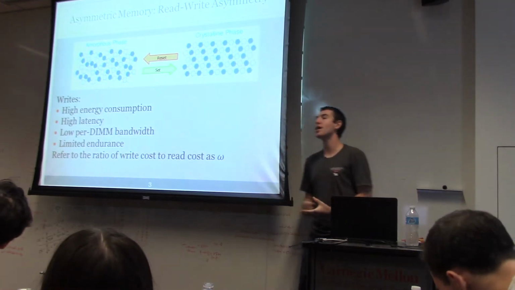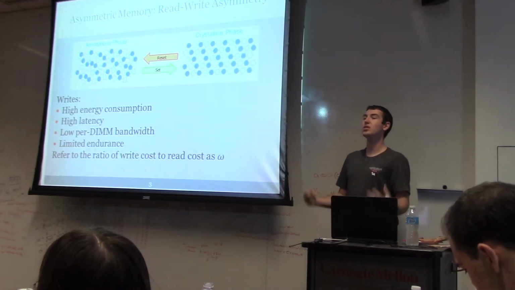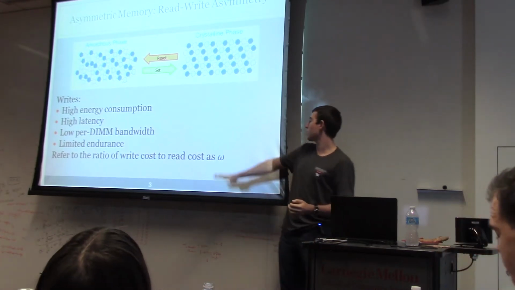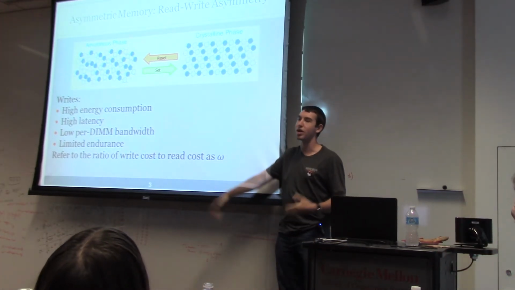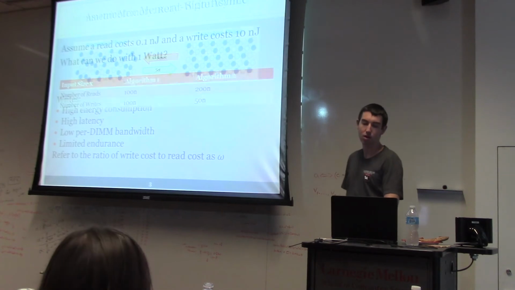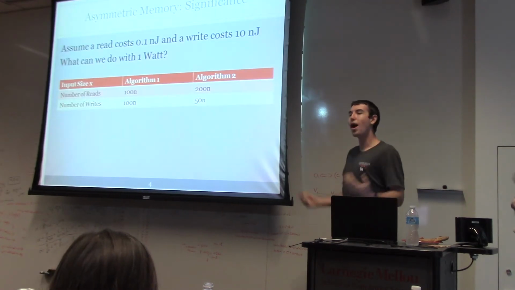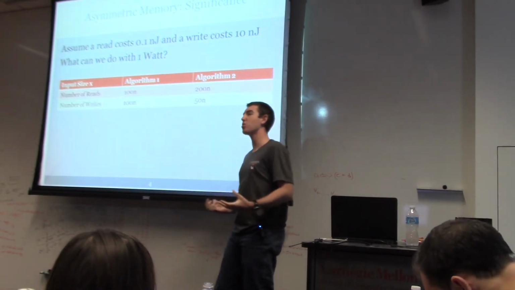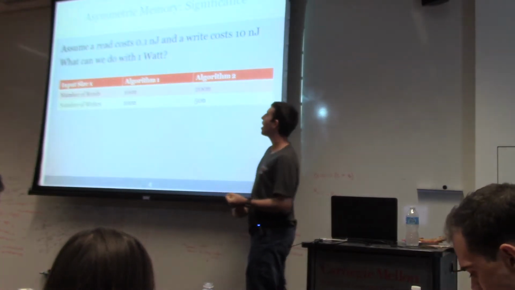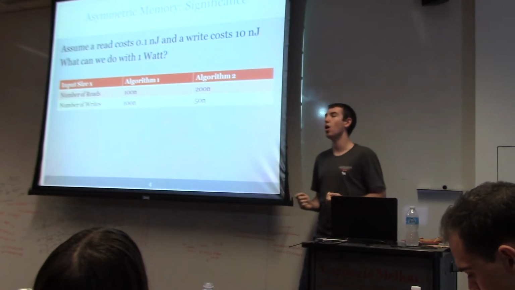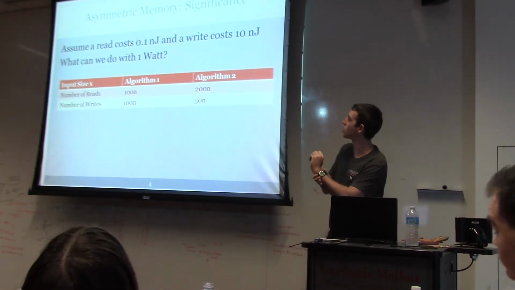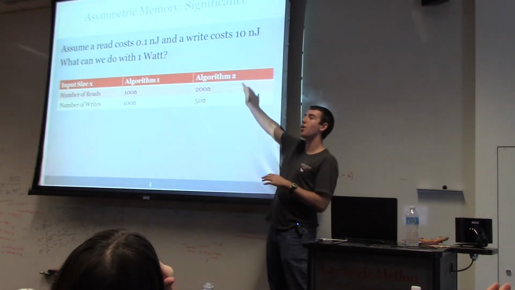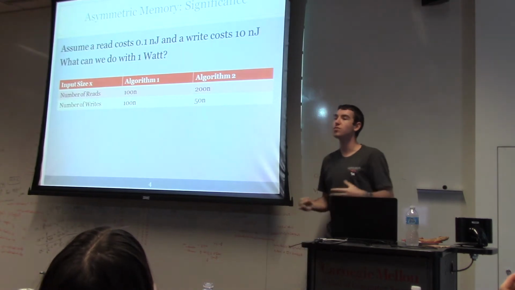We're going to model that difference where a read has unit cost and a write has some cost parameter omega that we take in as a system parameter. So why does this matter? It turns out that this matters for most algorithms. Say you have a problem you want to solve with limited resources, doing the best you can with 1 watt of power, and you're looking at 2 different algorithms.